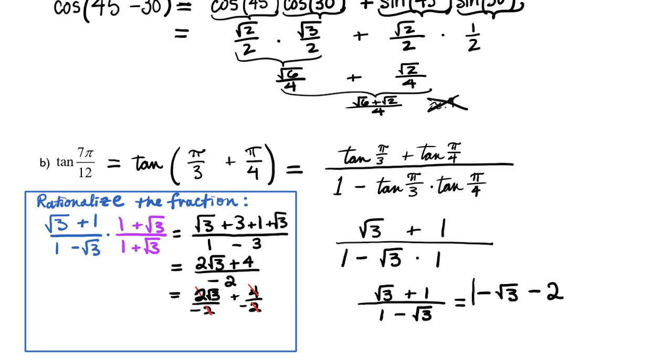This is a much nicer answer. It's easier to work with, and I would not want a decimal. I want this nice, you might not think it's nice, but this beautiful, beautiful exact answer.